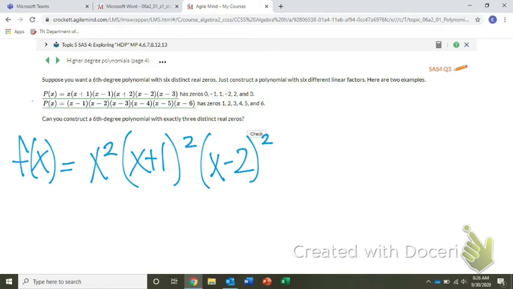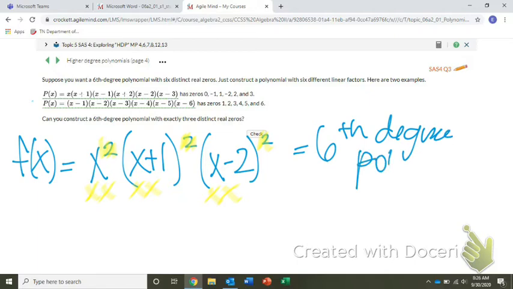So now my x's, I have 1, 2. 1, 2, because I've got this 2 right here. 1, 2. So this is a 6-degree polynomial, but it asks us to only have exactly 3 distinct real zeros.